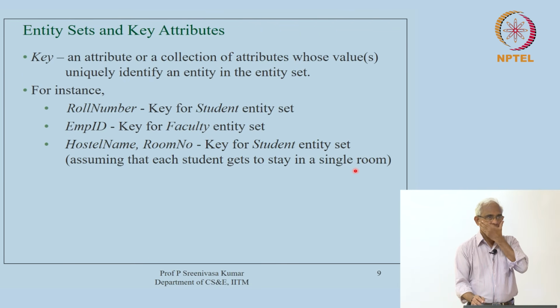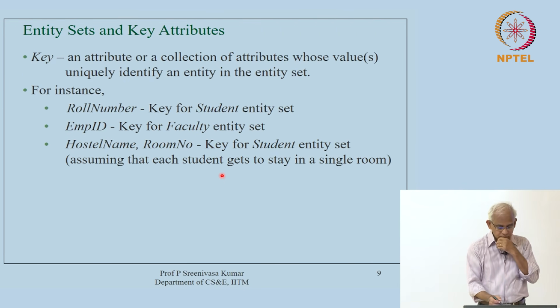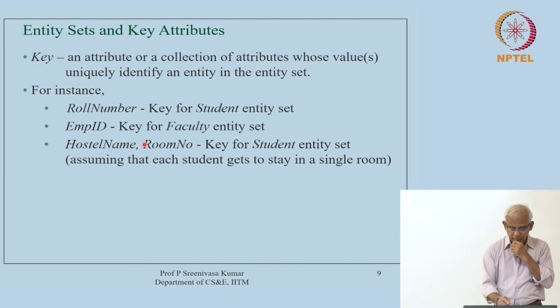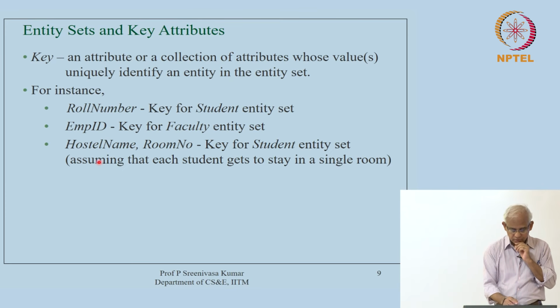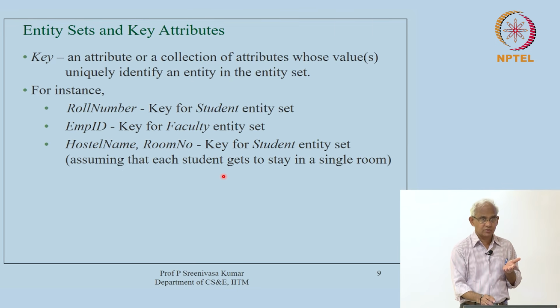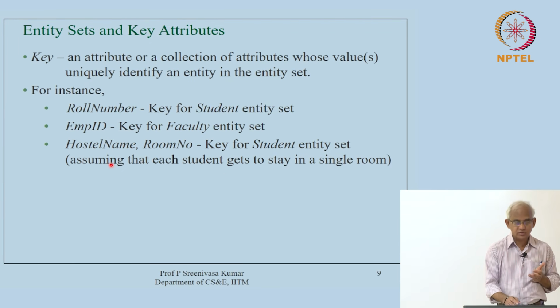The situation that we are assuming here is that all students stay in hostels, there are multiple hostels, each hostel is identified by a name, and then there is a room number, and the hostel name together with the room number will serve as the key for the student. We can uniquely identify the student because of this assumption, right.